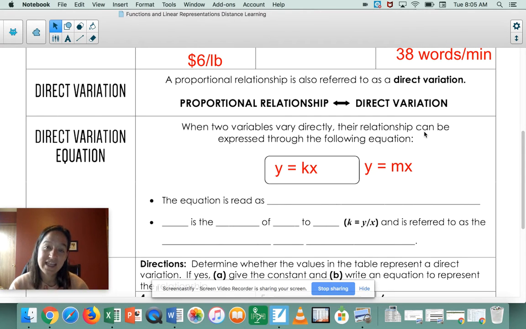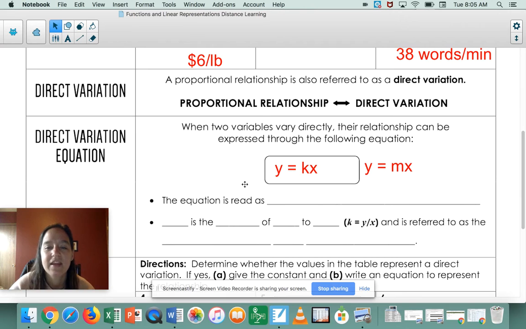If I have a slope and a y-intercept that's something other than 0, it doesn't have proportionality. And so they talk about the k turning out to be the slope, but we have to make sure we're talking about k because we're talking about the rate.